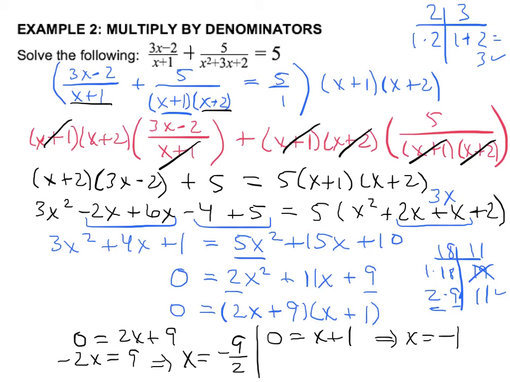So the negative 9/2 is not an issue. That's going to be a final solution. But this x equals negative 1 is not going to cut it because that would make both of our denominators 0. So that is not going to be a solution. That would be considered an extraneous solution, and therefore the only solution to this example is x equals negative 9/2.